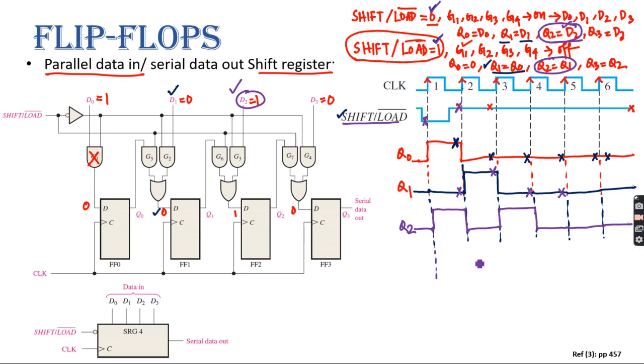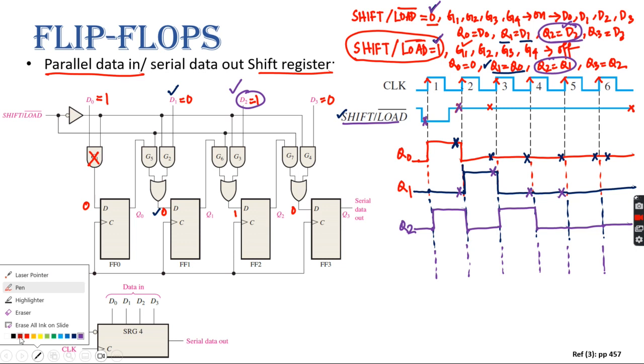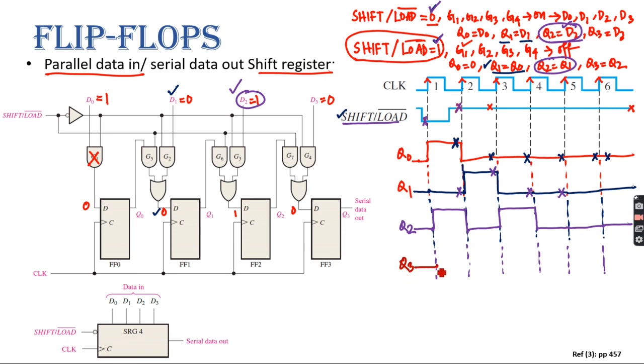So now if we want to draw the waveform for the last one, that is my Q3, what will happen to Q3? If we consider that it is 0 until this pulse is applied, then when the positive edge is achieved, this value is 0.